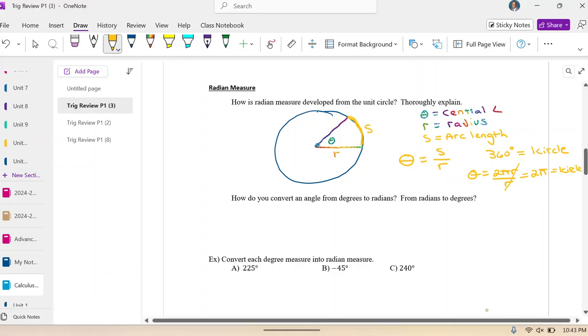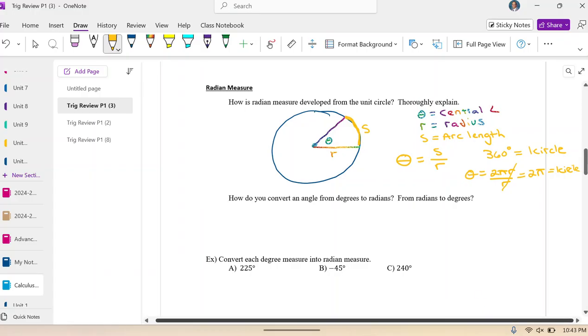Notice if it's in degrees, you'll have a degree sign. If it's in radians, you don't have anything. So that's why it's important to put a degree sign if you want it in degrees. So that means 360 degrees is equal to 2 pi in radians.